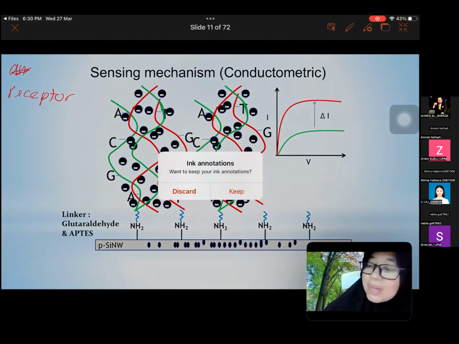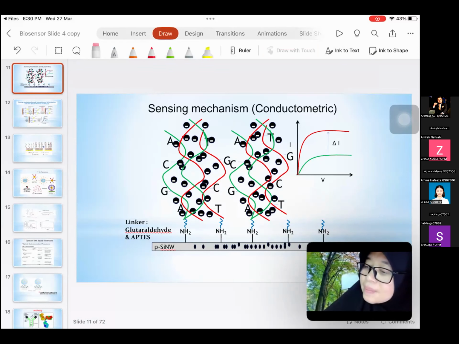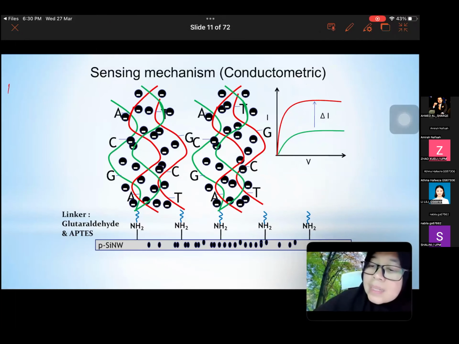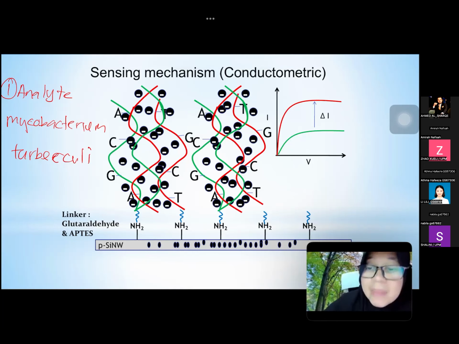The analyte: we want to detect the Mycobacterium tuberculosis, because that's the one we want to detect, the bacteria.